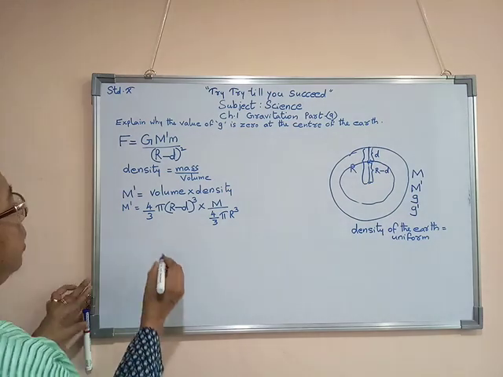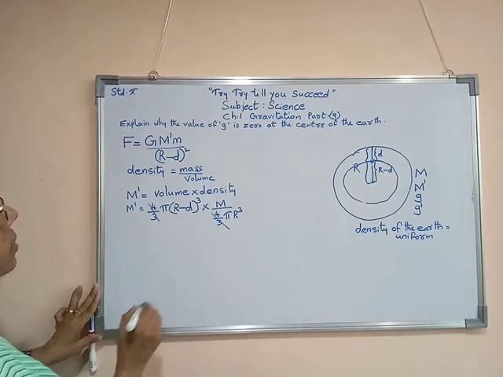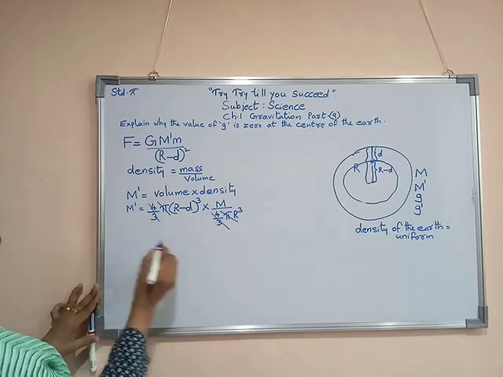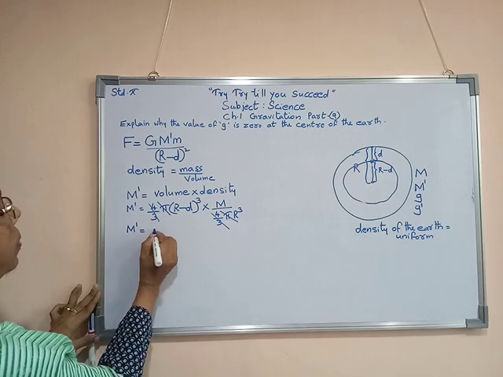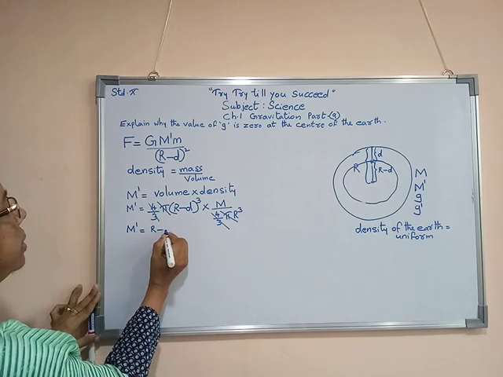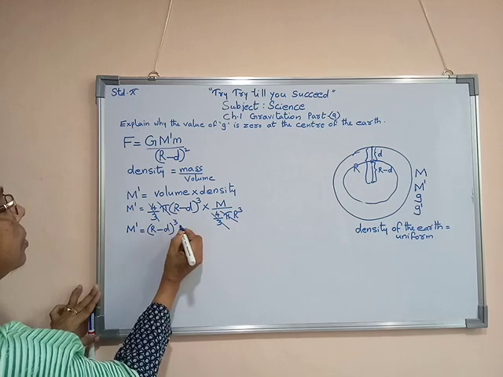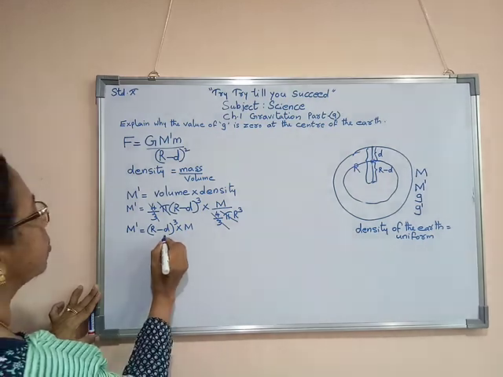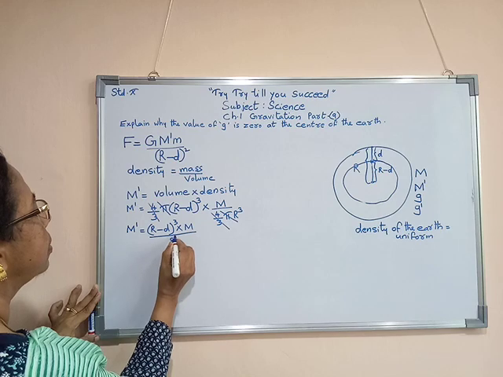Now here this 4 upon 3 and 4 upon 3 I am cancelling. Pi and pi I am cancelling. So what value will we get then? M dash is equal to r minus d whole cube into capital M, capital M meaning the mass of the earth, upon r cube.